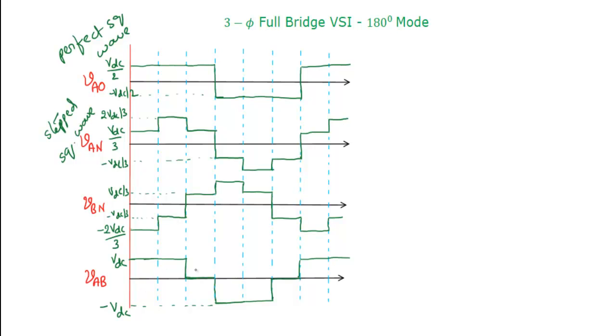And line voltage, here we are taking only one line voltage, but line voltage is having quasi square wave. Okay, so line voltages are quasi square wave, phase voltages are stepper square waves, and pole voltage is perfect square wave. Okay, remember this. We'll again come back to this one.